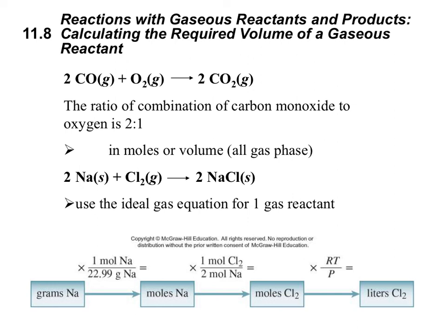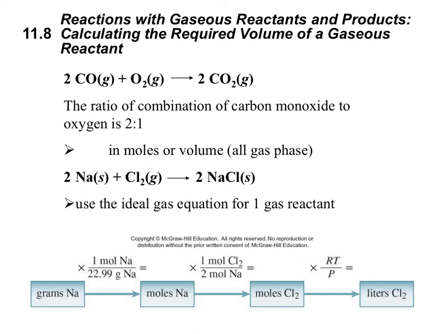So for example, if we are starting with 1 mole of sodium, that means that we will need half a mole of chlorine because it's a 2:1 ratio, and use that half mole amount in our PV equals nRT equation, rearranged of course to solve for V, so nRT over P, to give us the volume of chlorine we need for this reaction.